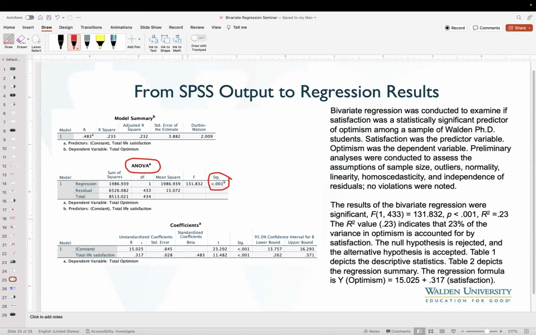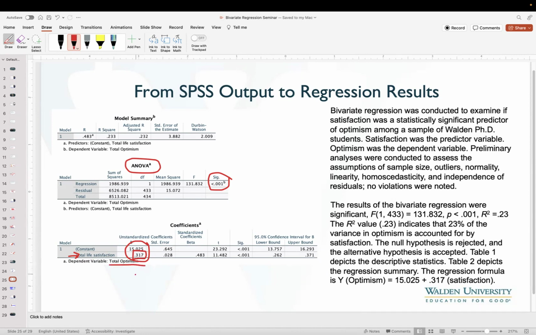There are some very important pieces here. One of the most important is this beta here, and we call that the slope. 0.317 for life satisfaction. Perhaps the most important thing to understand and interpret in regression. What does that mean? That means that for a 1 unit increase in the life satisfaction score, that would result in a 0.317 increase in total optimism.